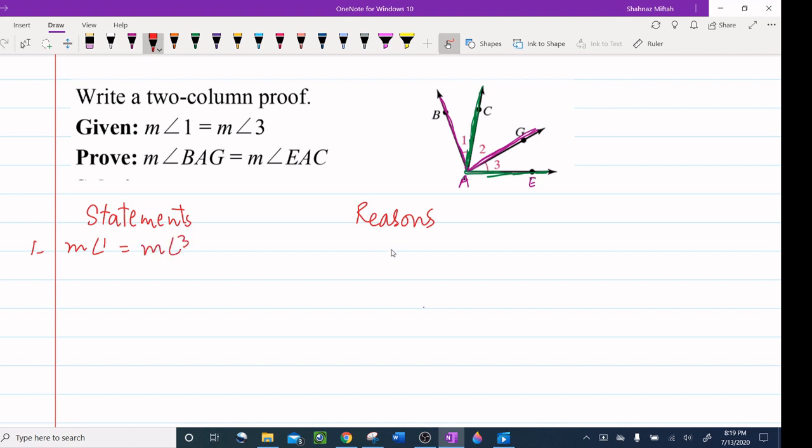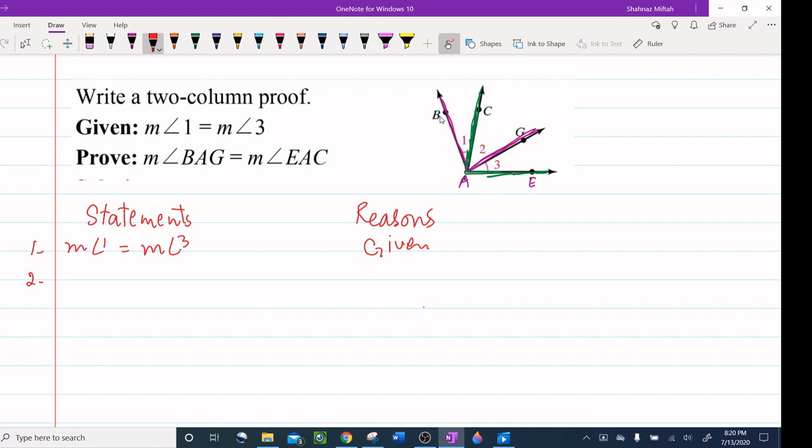So the measurement of angle 1 is equal to the measurement of angle 3, and that's given information. Number two, like I said, whatever you can see, that's what the statements are, and you just have to give them reasons, like reflexive property, transitive property, symmetric property, substitution, multiplication, division, addition, all of those.